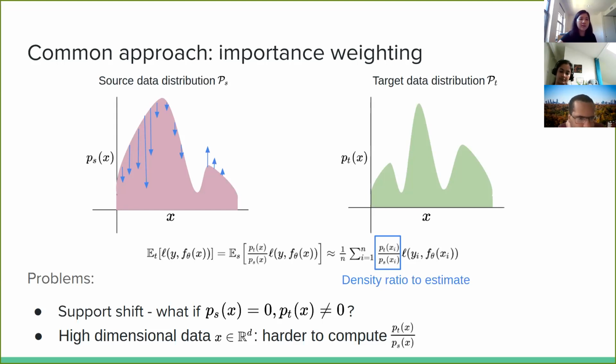This equation will not hold when the supports of the source and target are different. The second challenge is that computing this density ratio can be pretty challenging, especially for high dimensional, very continuous distributions. In fact, the estimation error for the density ratio can scale with the dimension d.